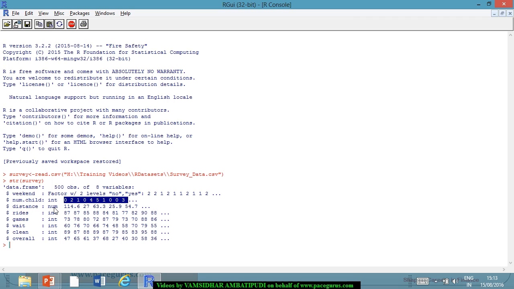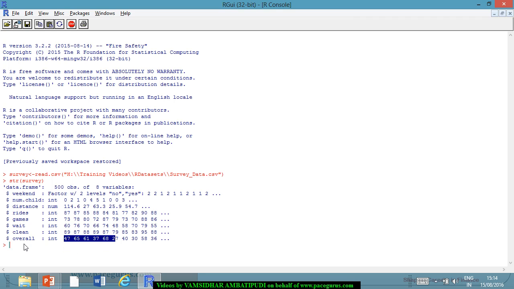The distance they have traveled to visit that park, a numerical variable. The satisfaction they carry with respect to the rides, an integer. Satisfaction with the games, again an integer. Satisfaction levels with the waiting times, an integer. Satisfaction regarding the cleanliness of the park, again an integer. And overall satisfaction, again an integer.